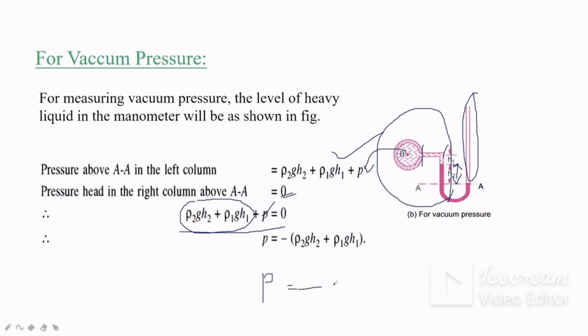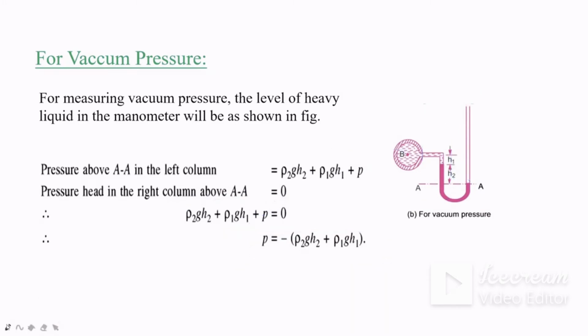It's not needed. Okay, so according to the situation in the problem, we are going to solve the problem. When I do an example problem, you will get to understand. So remember this: for vacuum pressure, you want to note it down, P is equal to minus, open the bracket, ro 2 GH2 plus ro 1 GH1.